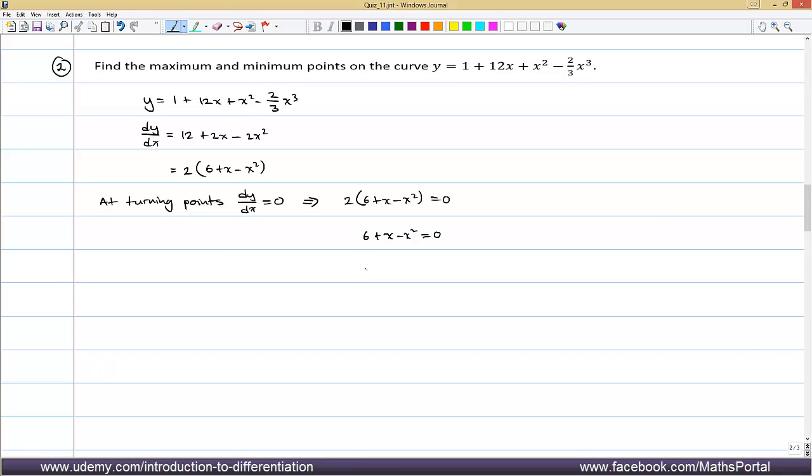So that becomes x squared minus x minus 6 equals 0. From here, I think we can factorize. Yeah, and as such, x is either equal to minus 2 or x is equal to 3.